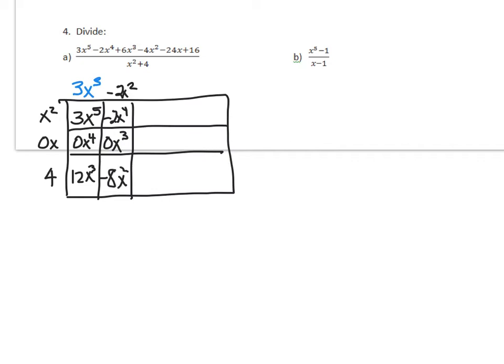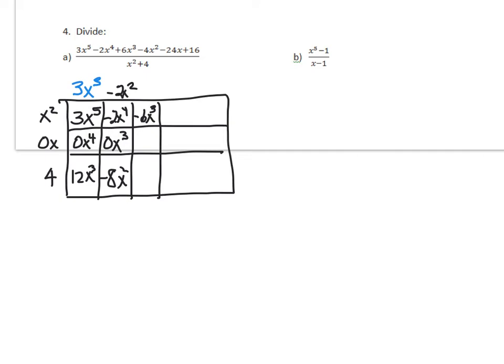Now look at the next diagonal. This is my x cubed diagonal. Make that column. Altogether, I need to have a 6x to the third. I've got a 12x to the third. I've got a 0x to the third. So think about what I need in that spot so that the total is 6x to the third. It's going to be negative 6x to the third.